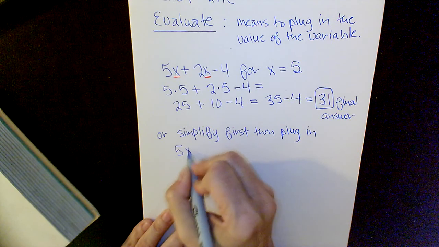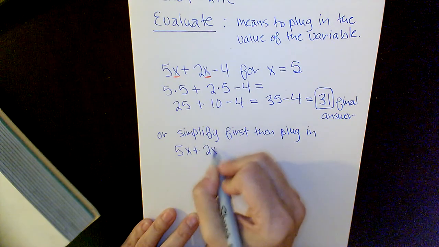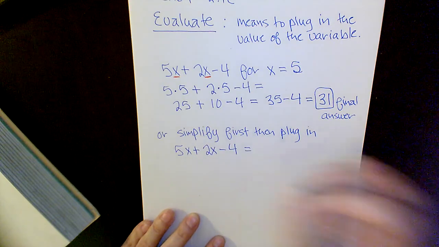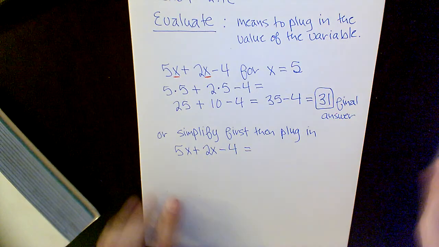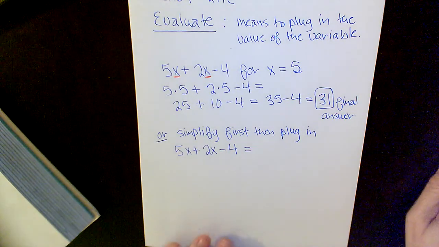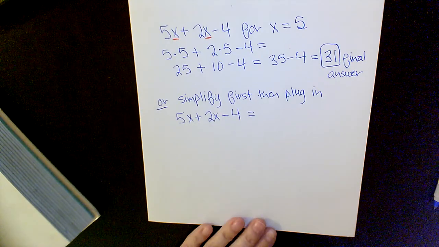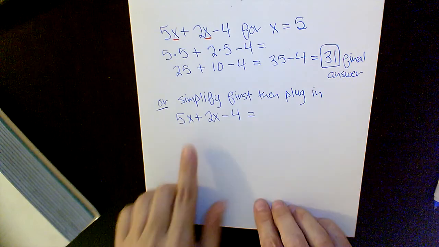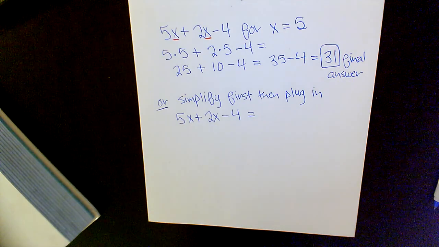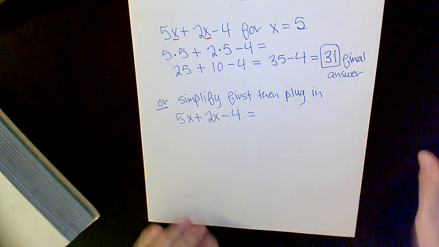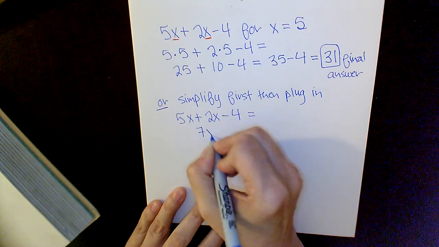I'm just showing you. So I've got like terms here. What's 5x and 2x? Got 5 x's and 2 x's. That's 7x.